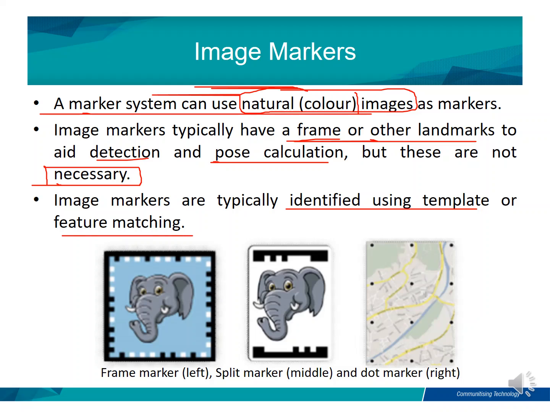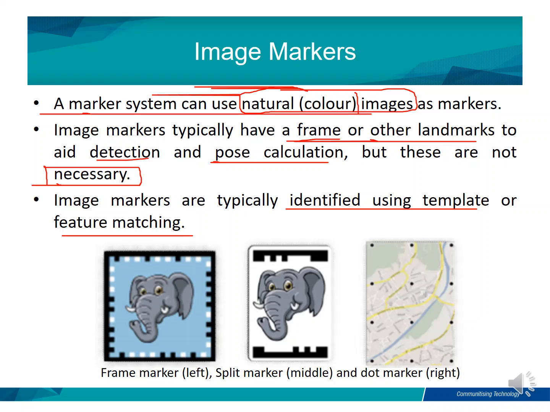If you look at these three markers down here, the first one is the frame marker on the left. It has a frame around this square marker. In the middle is the split marker. We call this the split marker because it only has a border on top and also a border down here, and there is an image in the middle.